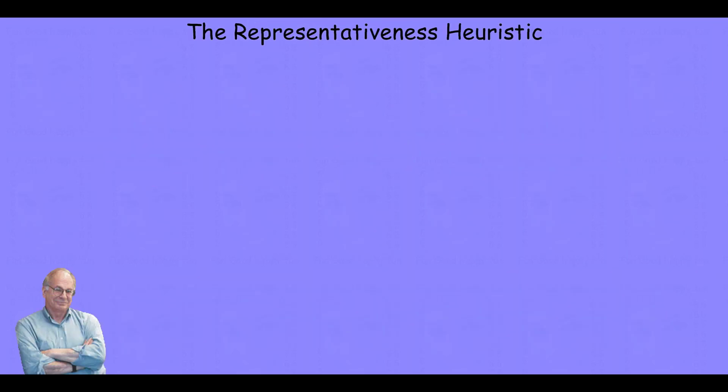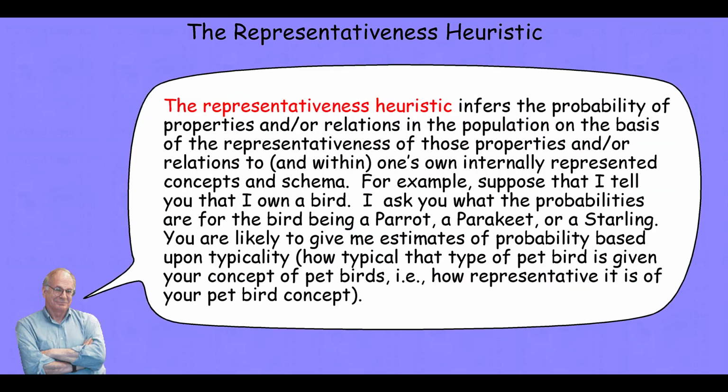What about the representativeness heuristic? Well, the representativeness heuristic infers the probability of properties or relations in the population on the basis of the representativeness of those properties or relations within the population to one's own internally represented concepts and schemas.